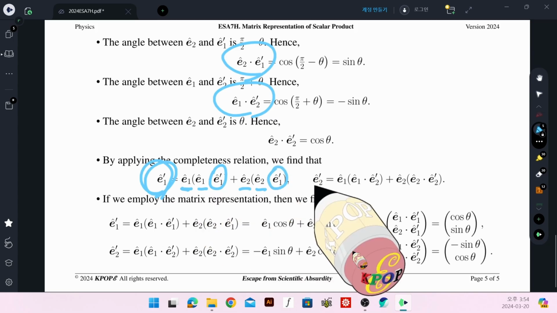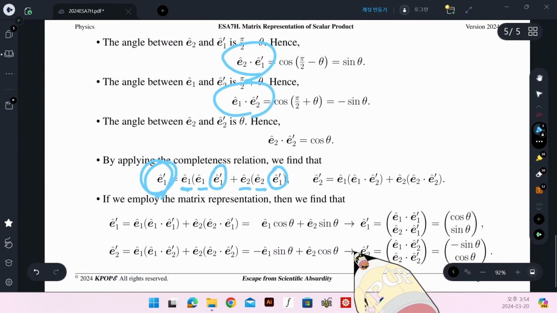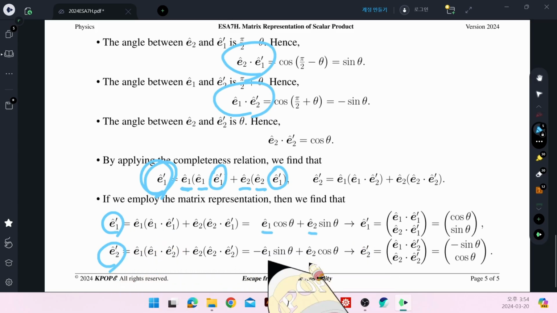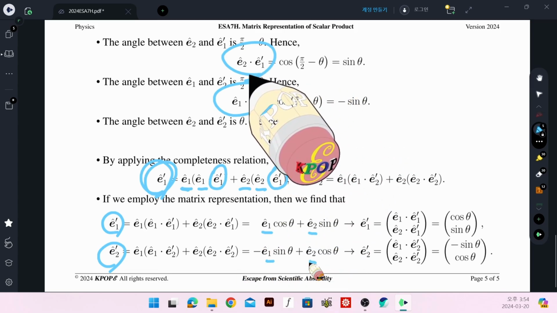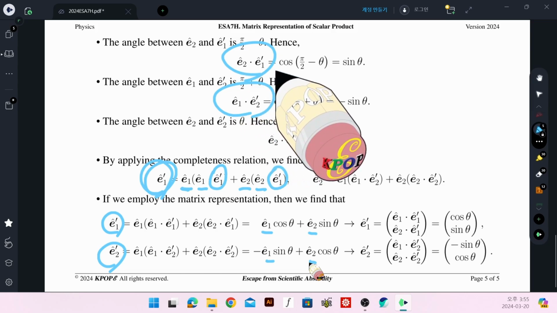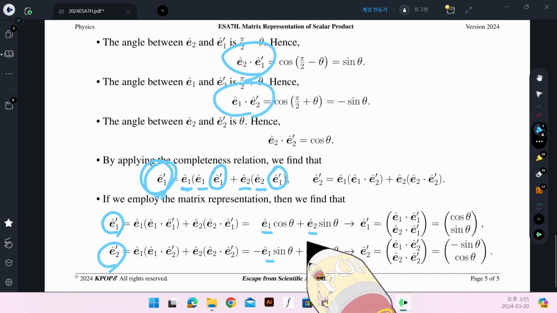So this way of writing the completeness relation can be employed and generalized to both E1 prime and E2 prime. Both of them can be expressed in terms of E1 and E2, and we make use of the angle between any unprimed and primed unit basis vector to express these directional cosines in terms of sine or cosine with the appropriate sign.